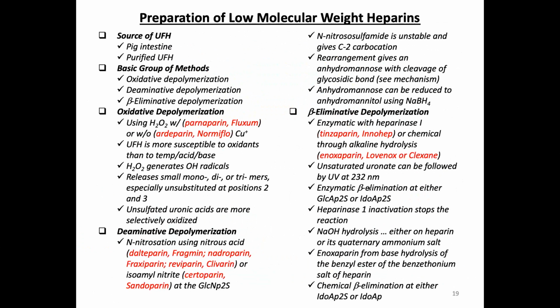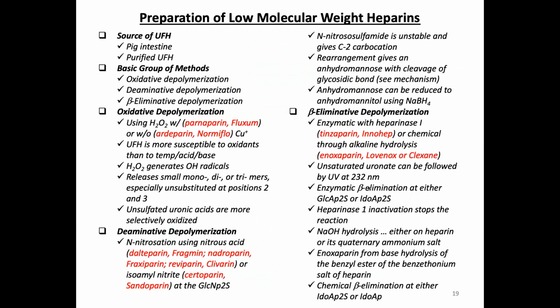So in the US, 3 low molecular weight heparins are available, clinically used: dalteparin, tinzaparin, and enoxaparin. These are the generic names. The trade names are Lovenox, Innohep, and Fragmin.